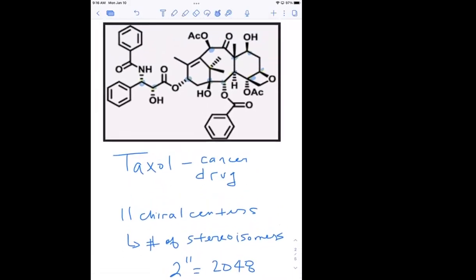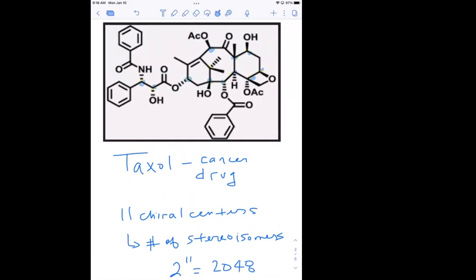2048 stereoisomers. But in the body and in a cancer cell where Taxol is going to have to bind and somehow cause apoptosis, however it does it, only one of those stereoisomers is viable, right?